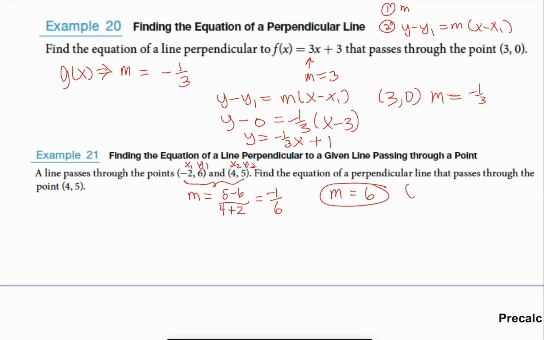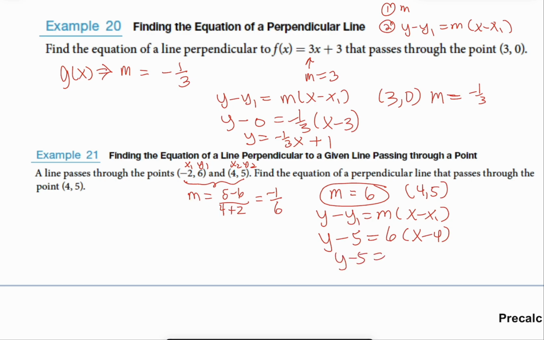The point I'm going to go through is (4, 5). Remember your steps. Find the slope, use the point-slope formula. If I plug into y minus y1 equals m times the quantity of x minus x1, I get y minus 5 equals 6 times the quantity of x minus 4. Let's make that prettier.